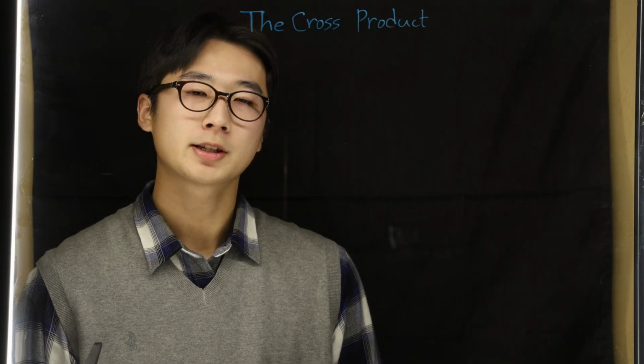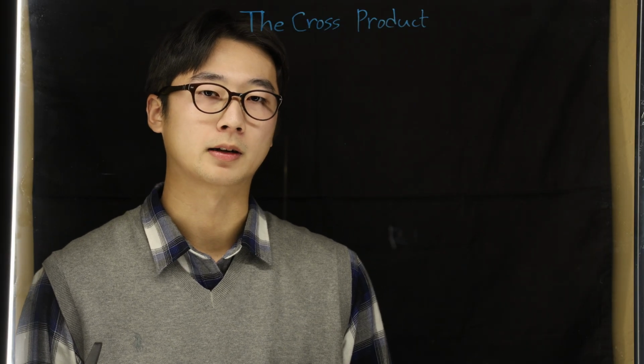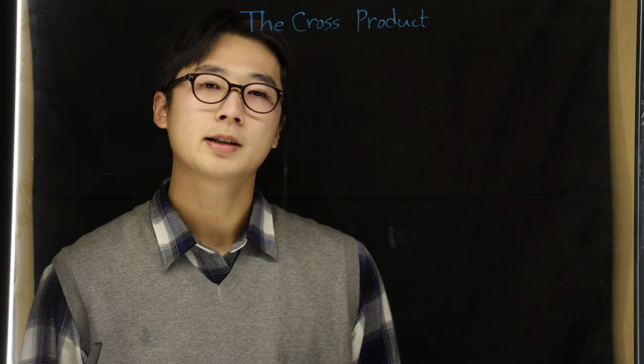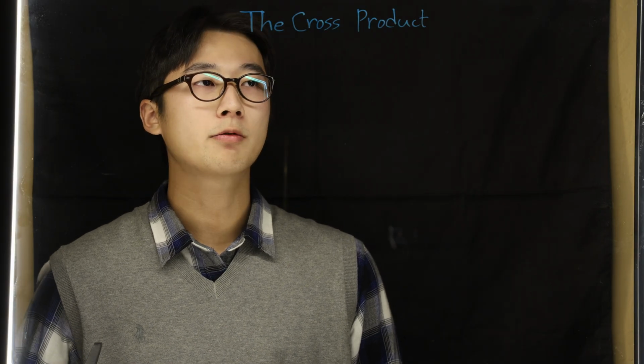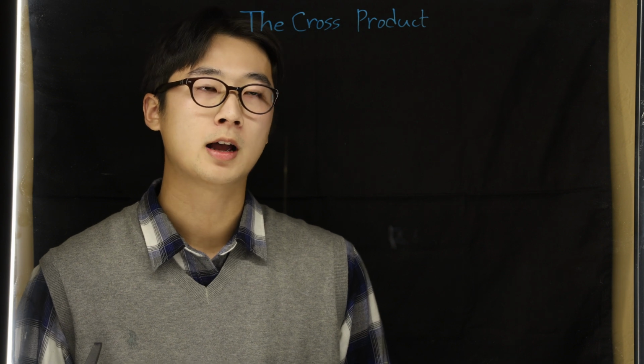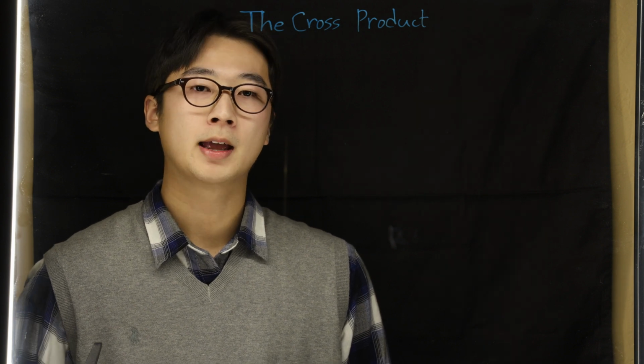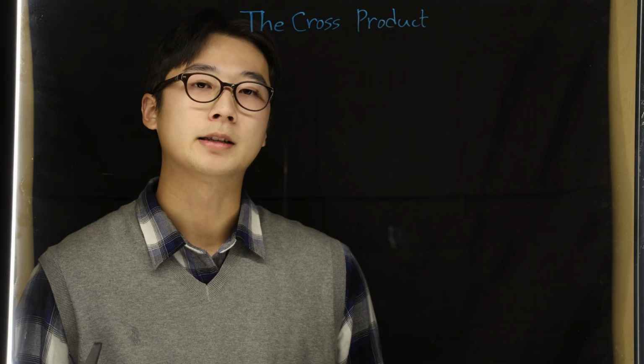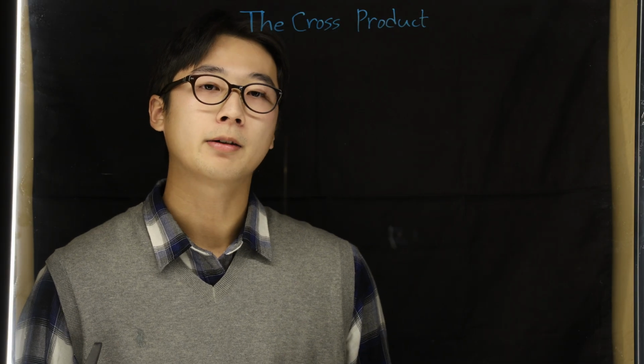All right, we just talked about the definition of the cross product. However, what does it actually mean? I know we know the formula of the cross product and the right-hand rule, but what does it actually tell us? The cross product tells us how much two vectors point in different directions in 3 dimensions.